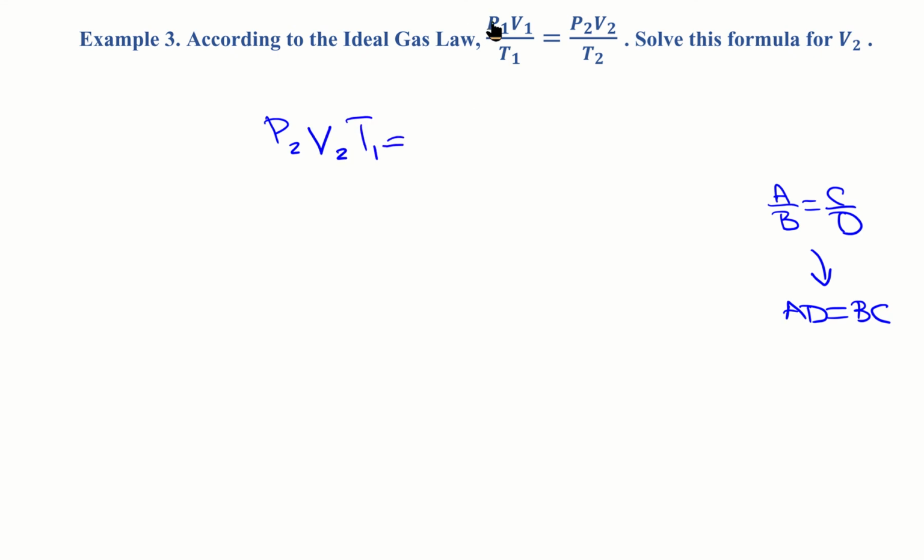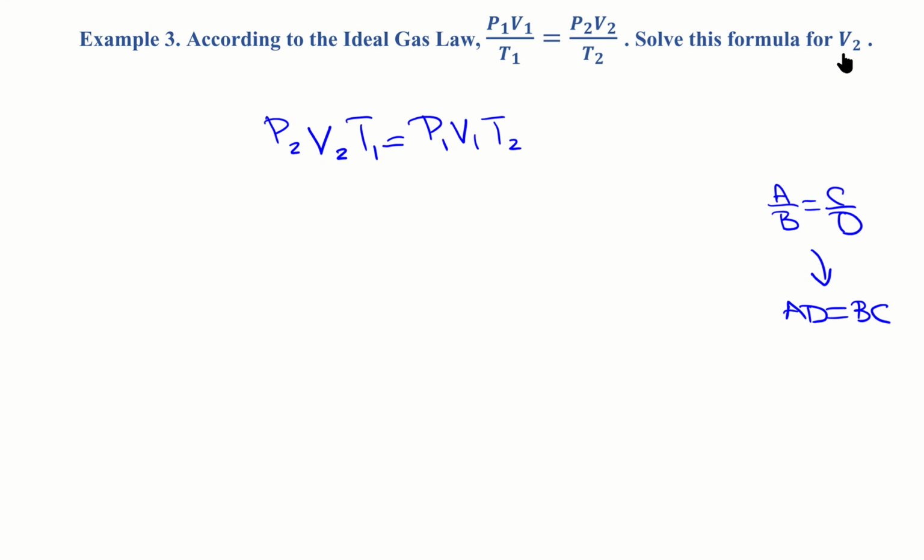Those stand for pressure, volume, and temperature. Initial pressure, initial volume, initial temperature, final pressure, final volume, final temperature. So equals, so we wrote this cross product first. So on the other side, we'll write this cross product. That's what those two are called. They're called cross products. So we get P1, V1, T2.